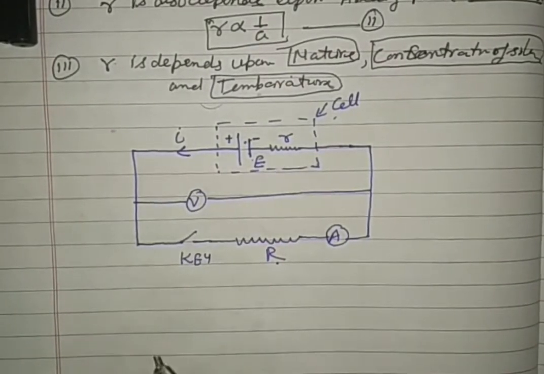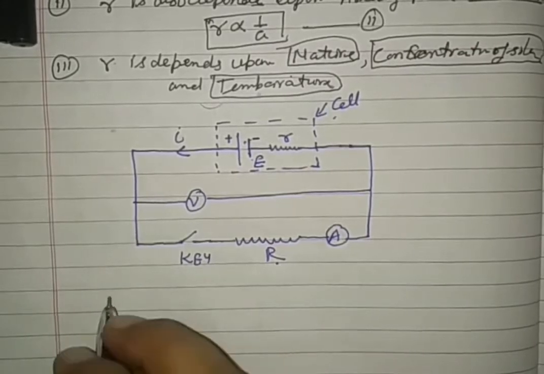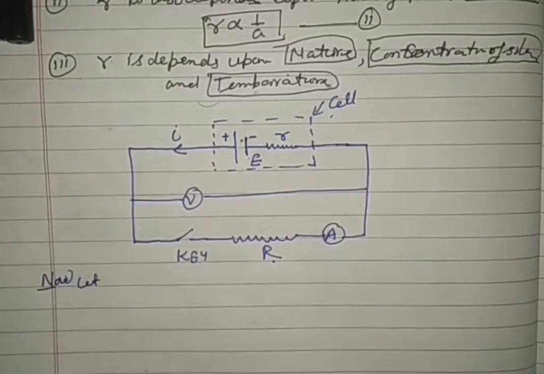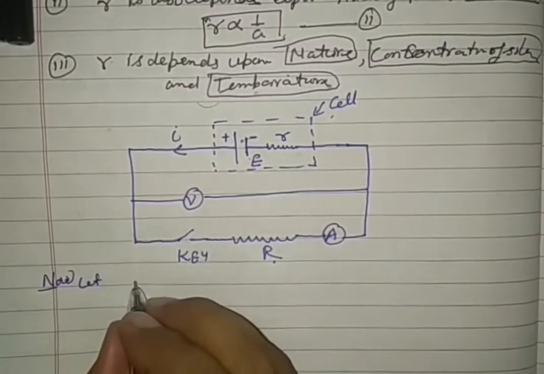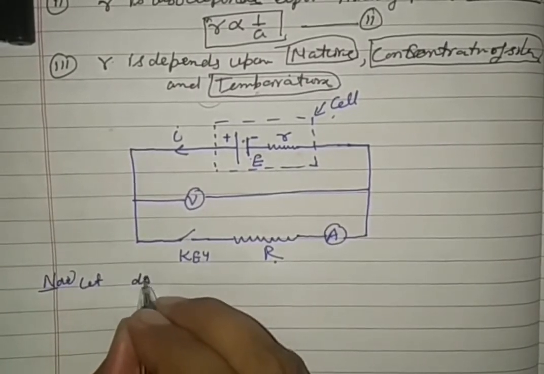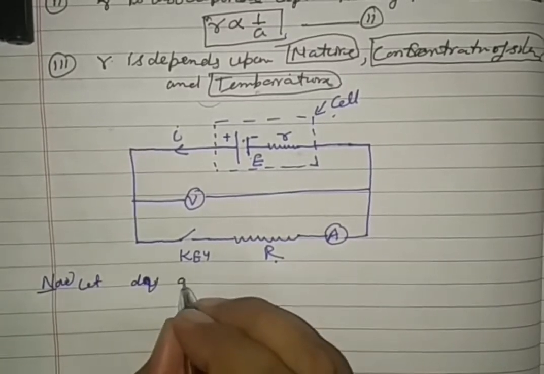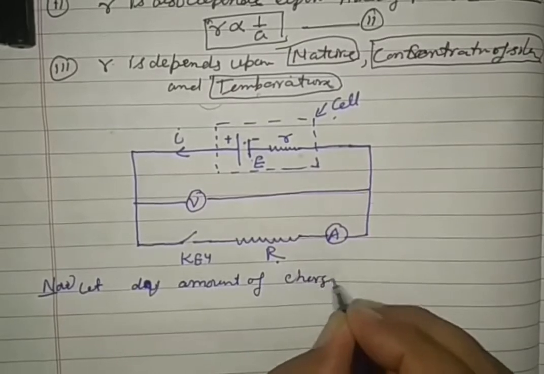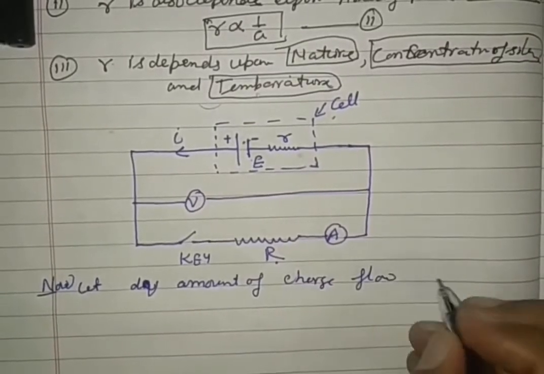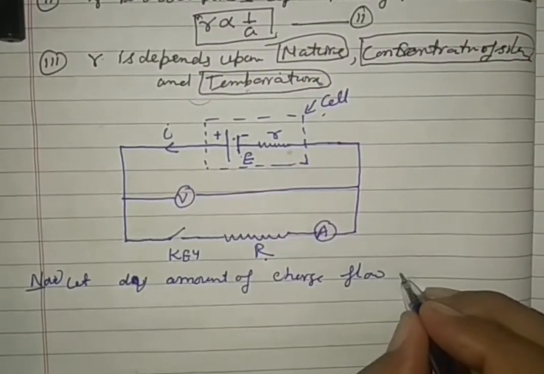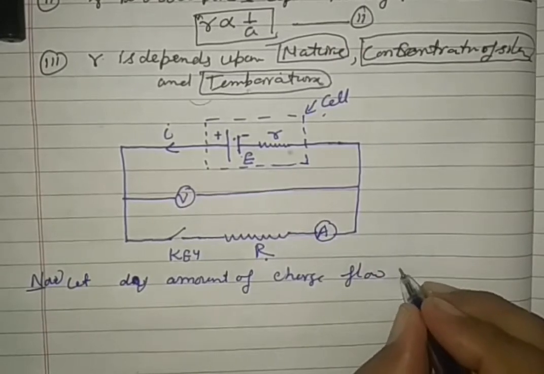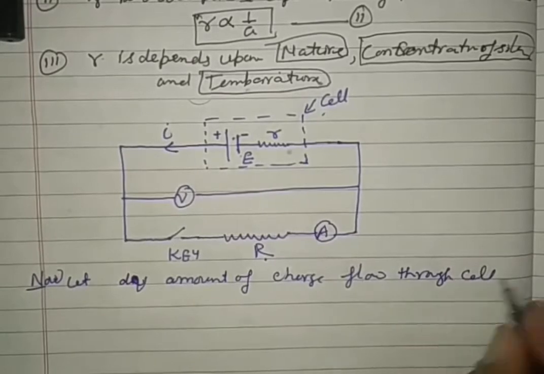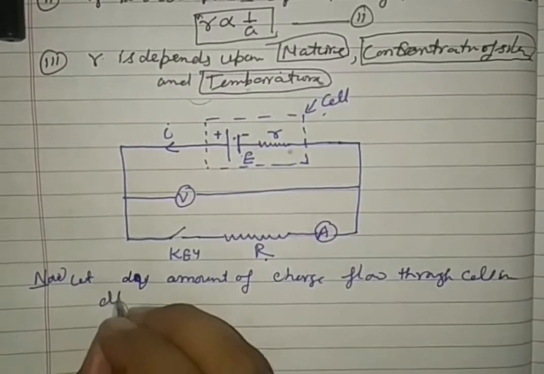Now see, let dq amount of charge flow through the cell in dt time.